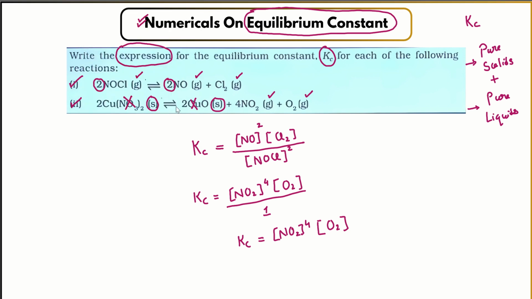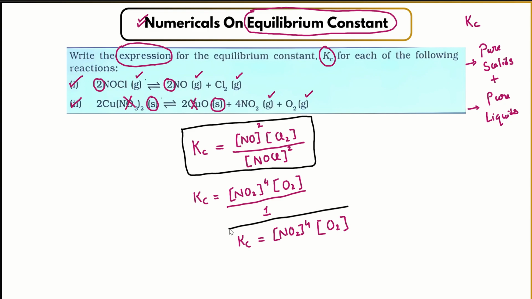So this is our expression for reaction 1, and this is our expression for reaction 2. This is how, friends, you have to write Kc in the form of reactions for various numericals that will come in your examination.